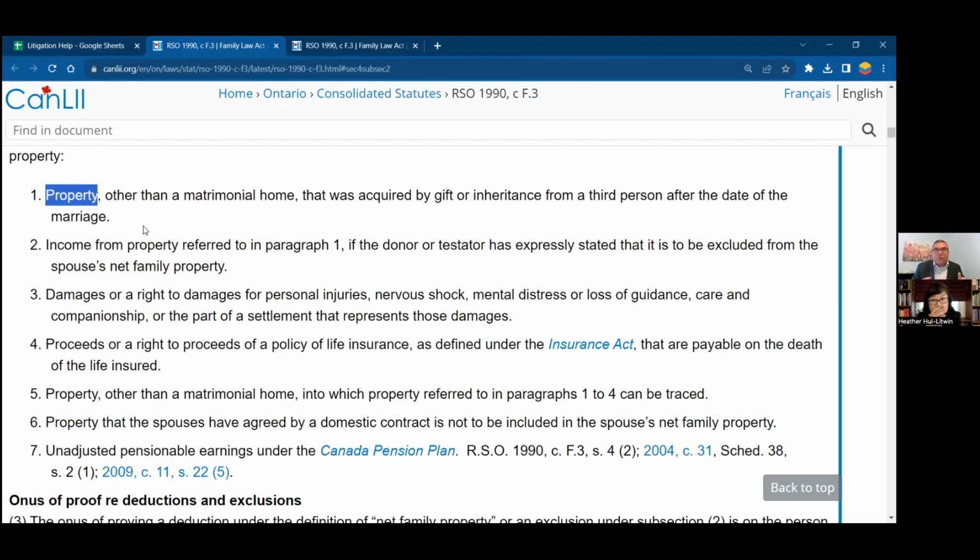You can spend it on a vacation. Well, if you do that, it's gone, it's spent, it's not property that exists on valuation date. Or you can put it into the mortgage of a property to pay it down, or a line of credit. And that too, the money has been paid down.